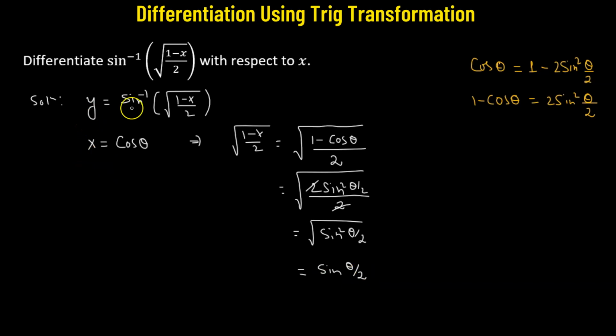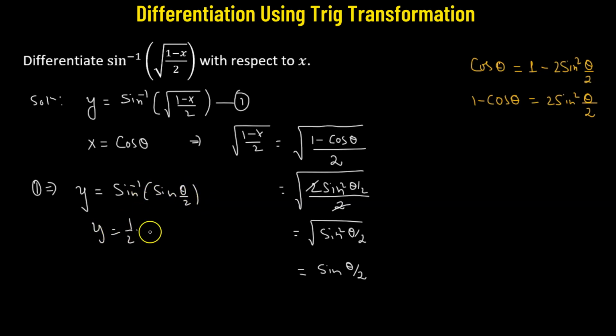So we can rewrite: if this is equation number 1, then equation number 1 becomes y equals sine inverse of sine of theta over 2. Now sine inverse of sine theta over 2 means we have half of theta.